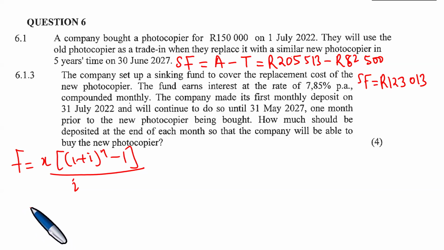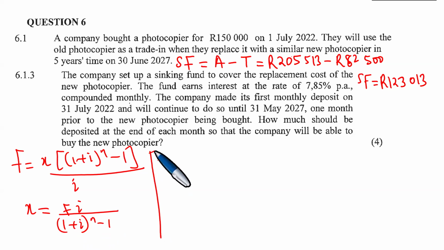We want to get x, because they're asking how much should be deposited at the end of each month. So we can make x the subject. Making x the subject gives x equals FV divided by open bracket 1 plus i to the nth power minus 1, divided by i.